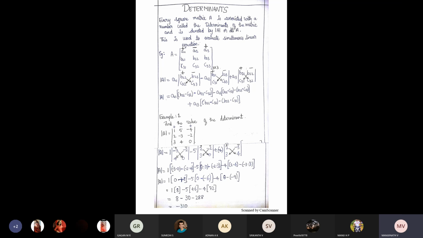Now, A11 lies where? First column, and in the first row.